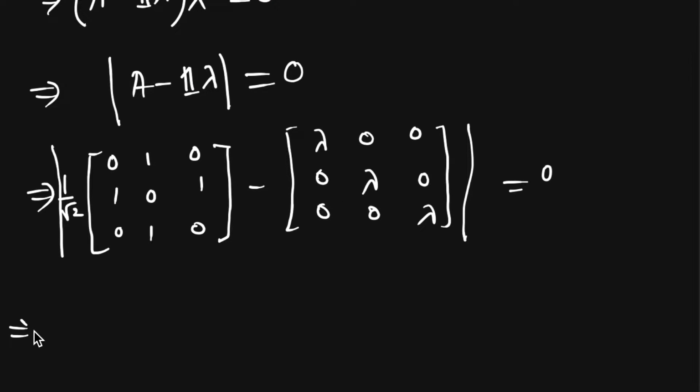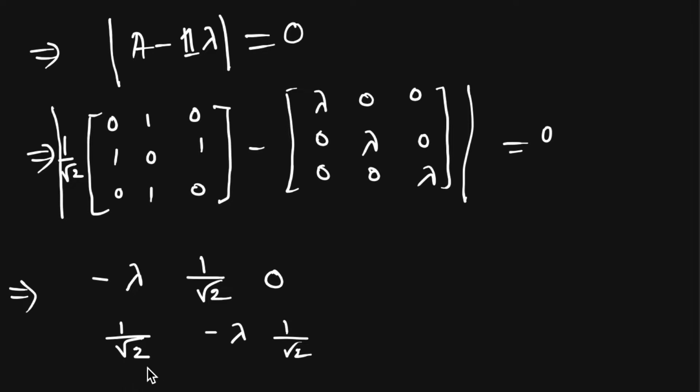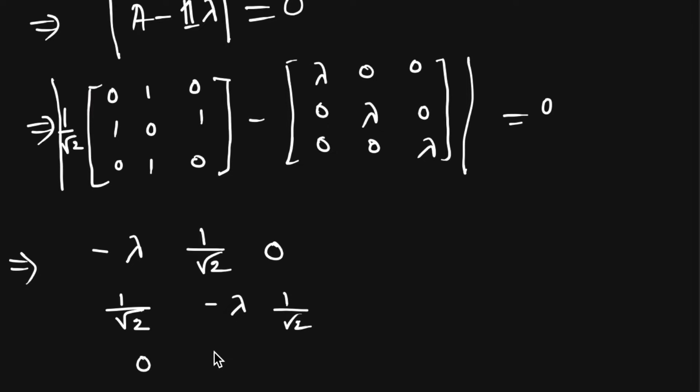That means the determinant of the matrix with rows (minus lambda, 1 by root 2, 0), (1 by root 2, minus lambda, 1 by root 2), (0, 1 by root 2, minus lambda) is 0.